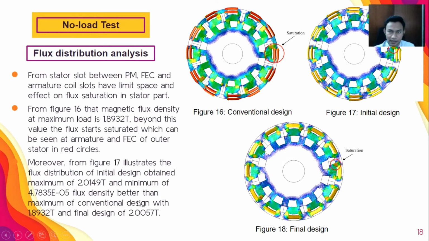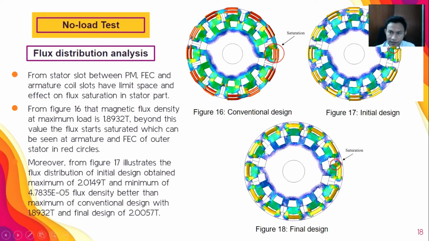As I mentioned before, beyond this maximum value for the conventional, initial, and final design, the flux will start to saturate, which can be seen at the armature and FEC of the outer stator in the red circle. You can see here the initial and the final design.